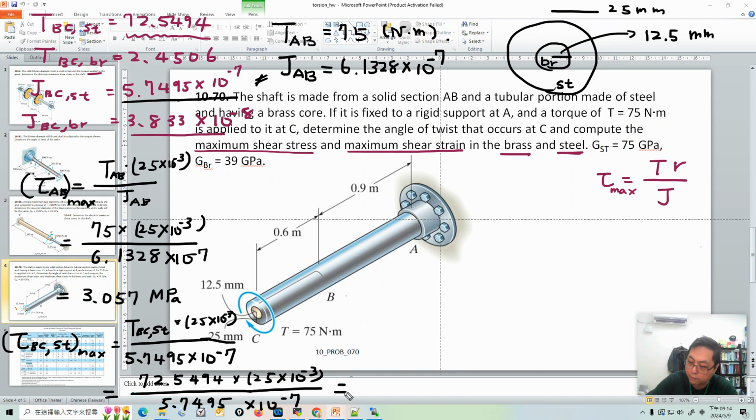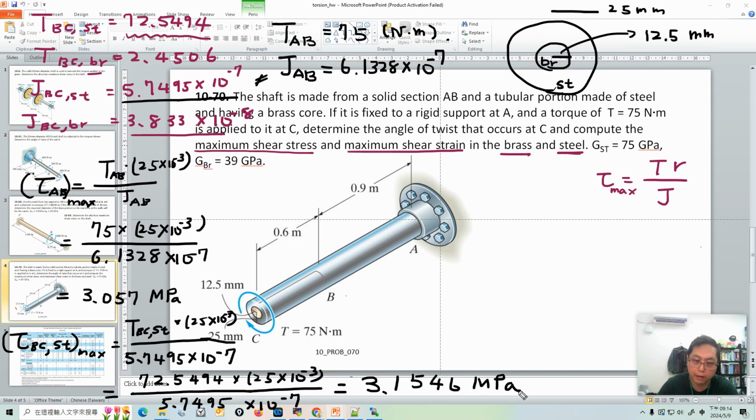Okay, let me see. My number is right. So it's the BC section for steel, 7225, 5.7495. So you will have 3.1546 megapascal.